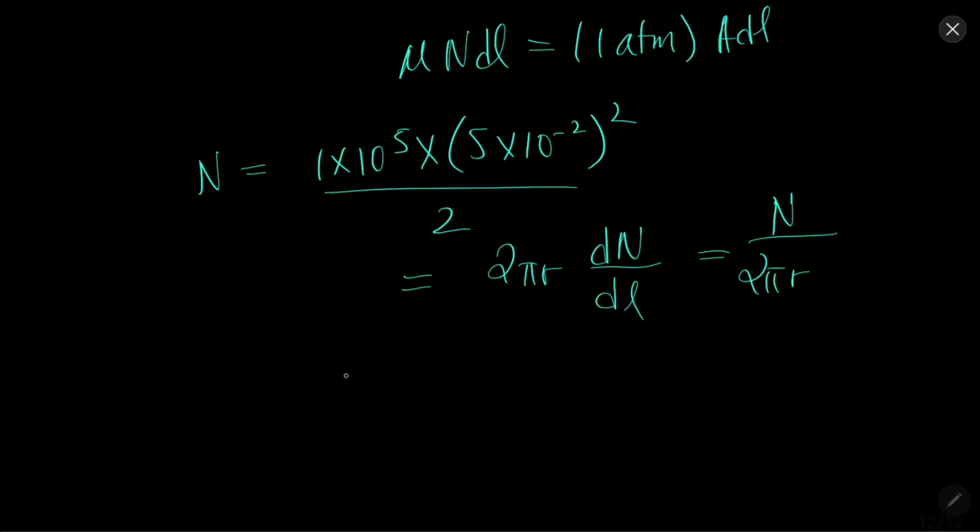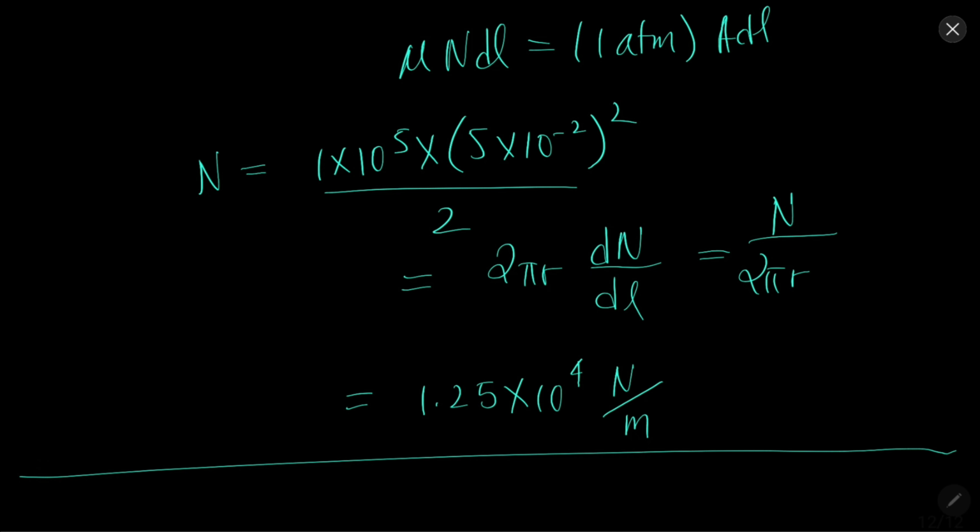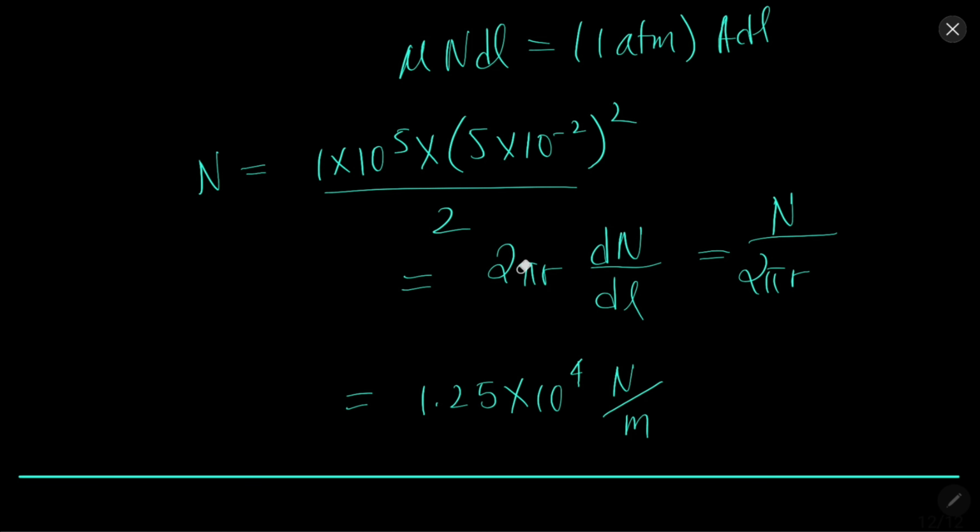It will come out to be 1.25 into 10 to the power 4 Newton per meter. So dN by dl will remain this because the circumference is 2 pi r.